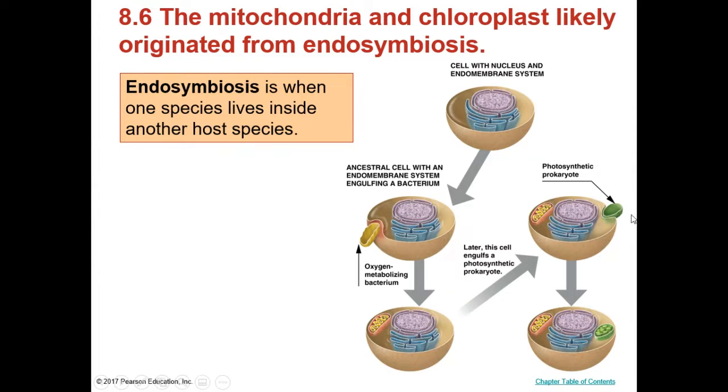Now, what are the implications of this? Well, mitochondria and chloroplasts contain their own DNA. They contain their own genes. They make their own proteins. They can divide by themselves, aside from the fact that they can produce large amounts of ATP, which is energy.